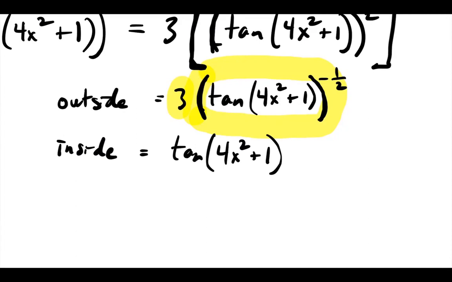Now, if I was going to find the derivative of that guy, what would I do? No, so that's going to be the next layer. You're right, that's the next layer. But if I wanted to find the derivative of this guy, how would I do that? That's it. Just find the derivative of tangent. Leave everything else the way it was. The last layer is where we'll get to the 4x squared plus 1.